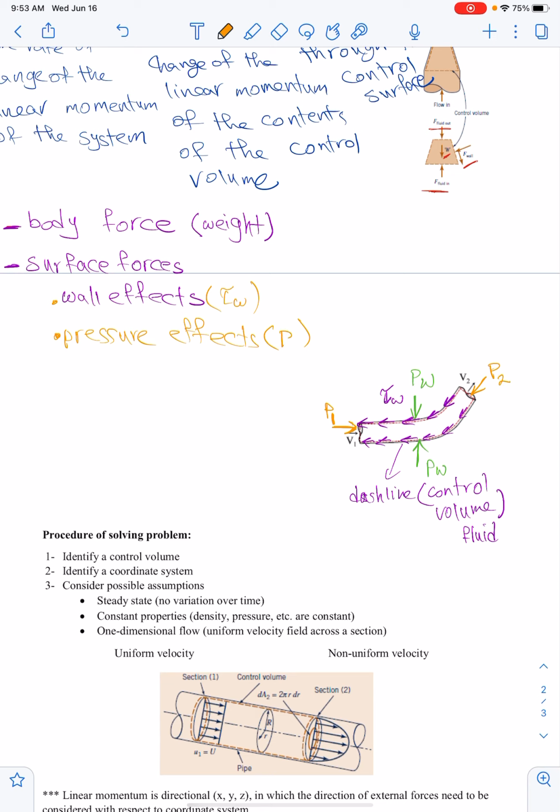And let me write it down. This is the shear stress at the wall, the reaction of the pipe on the fluid.